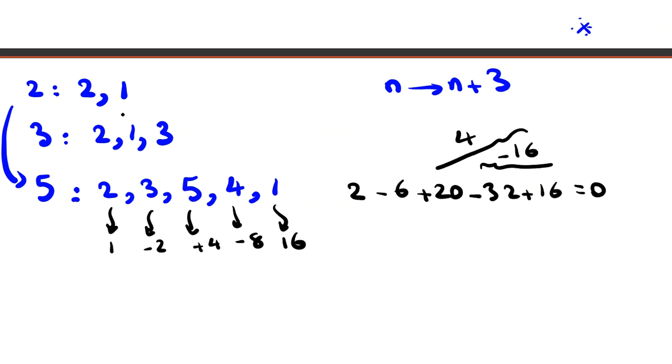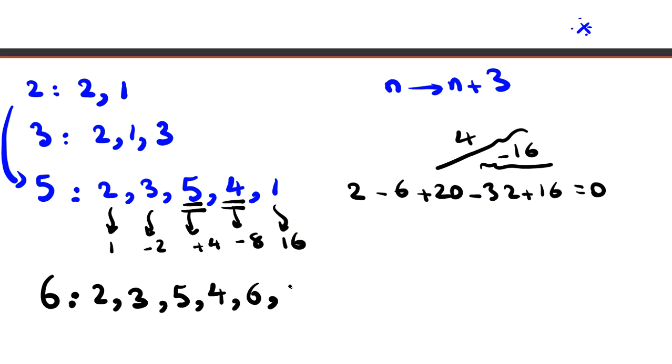Now, if you want to try a pattern, you can say, okay, 2, 1, then n plus 3. You see this part, this plus 3, this plus 3, 5, 4, and then 2, 3, 1 here. So if you want to write with the same pattern, you say 2, 3, and this plus 3, 5, 4, and 6, and the last one is 1.